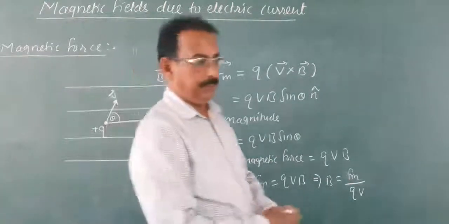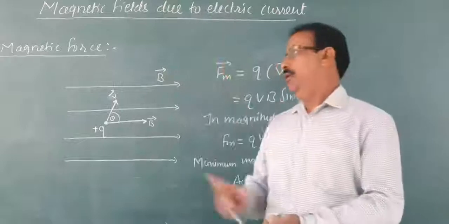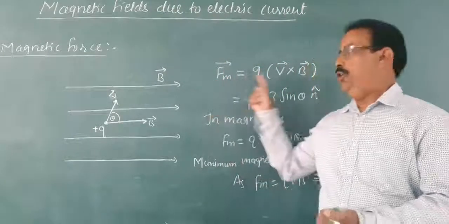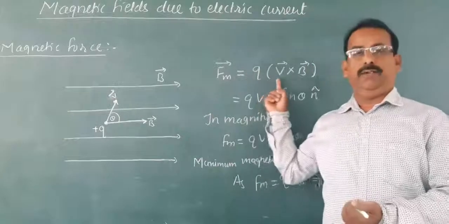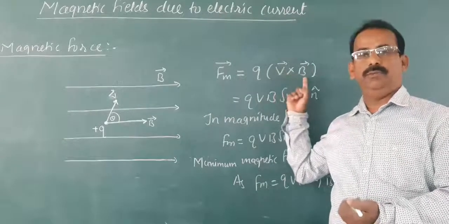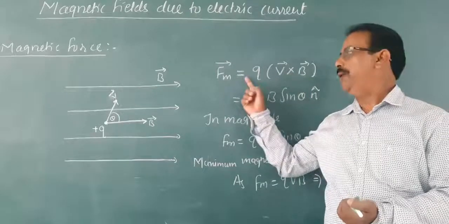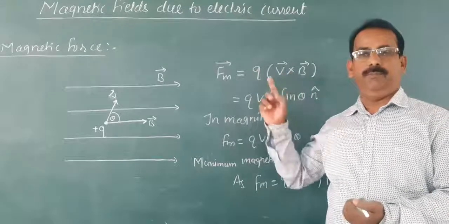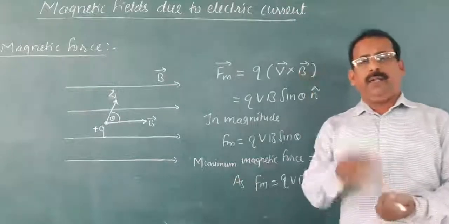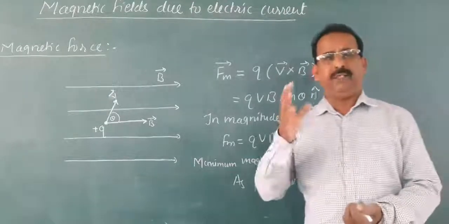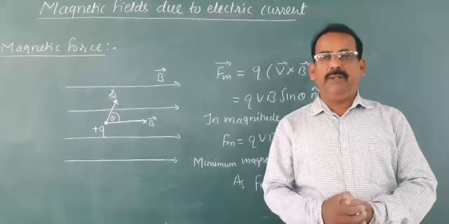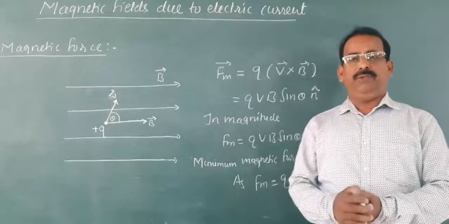Here, this force is perpendicular to the velocity vector. It is the cross product of these two. Therefore, it is perpendicular to this velocity vector. If force is perpendicular to the velocity vector, it is perpendicular to the displacement vector also.